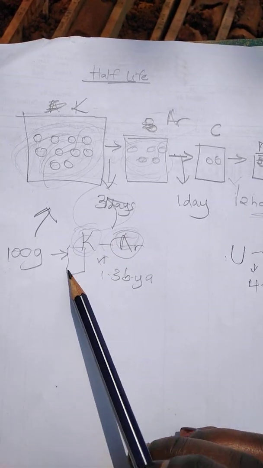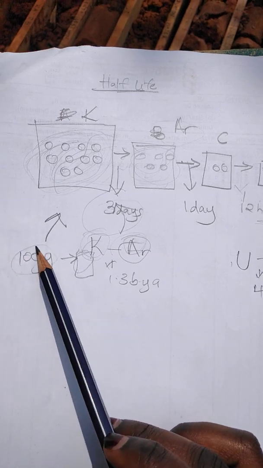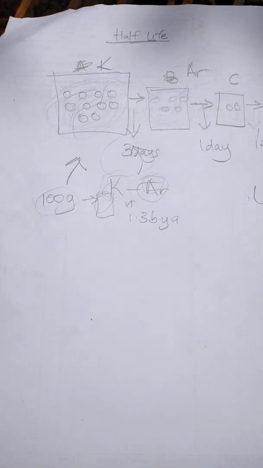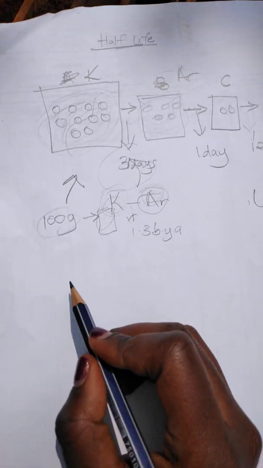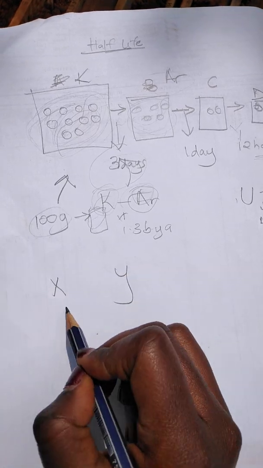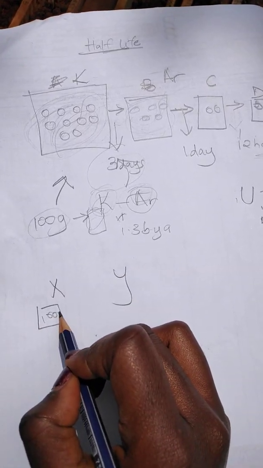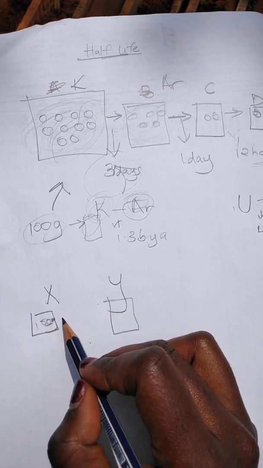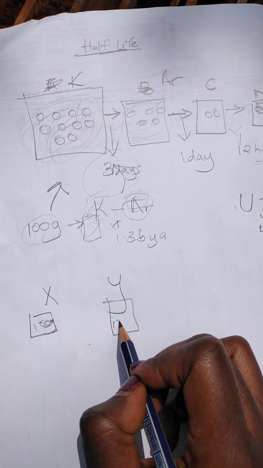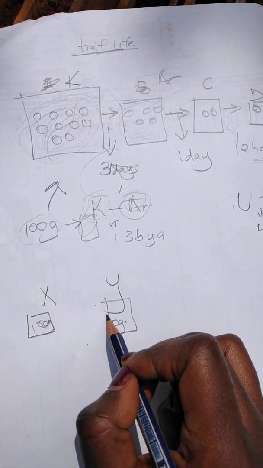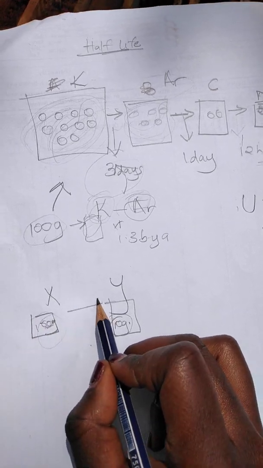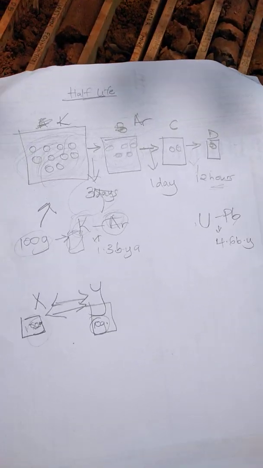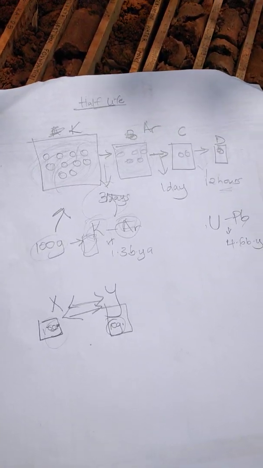So you have X and Y, and you have 100 grams of this, and then maybe at a certain point in time, only 10%, let's say 10 grams, has changed to this. So when you see this and you know the initial amount of this, it's very easy to estimate the amount of time. That's how radiometric dating works.